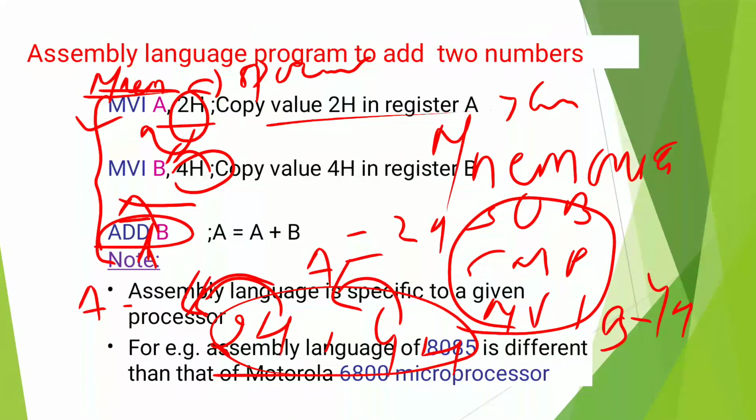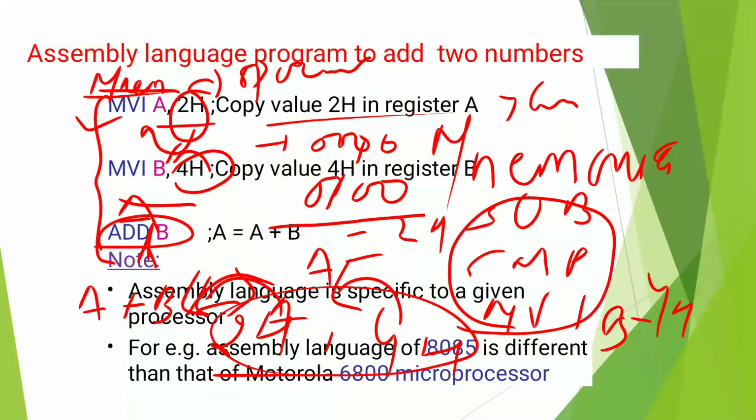So A plus B and the result is stored in the accumulator. So 2 plus 4, that is 6. So 2 in binary is 0010 and 4 is 0100. So add this to get 0110. So the answer is 06.